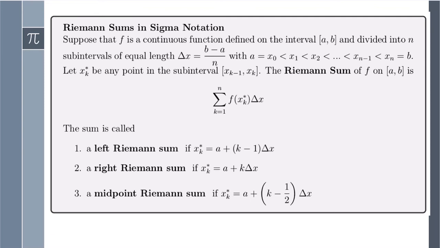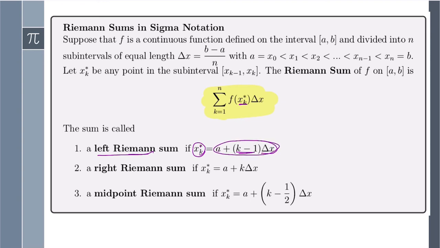Again, it's the same definition here. This is the Riemann sum we already looked at. Now it becomes a left Riemann sum if x sub k star, the point that determines the height, is a, the starting point, plus k minus 1 times delta x.